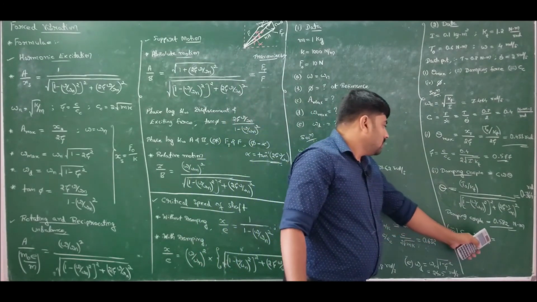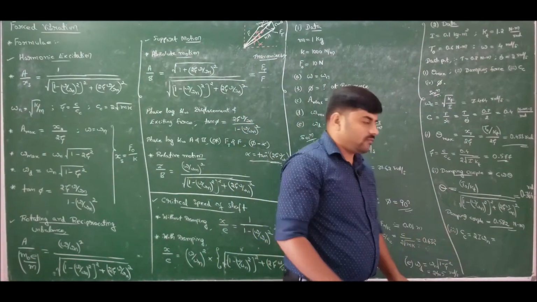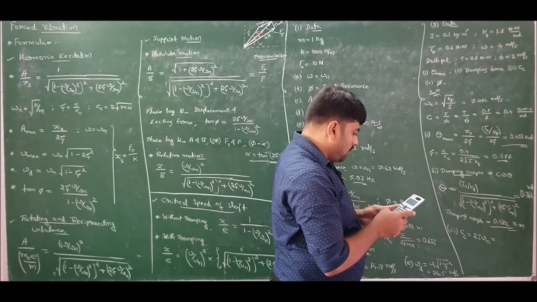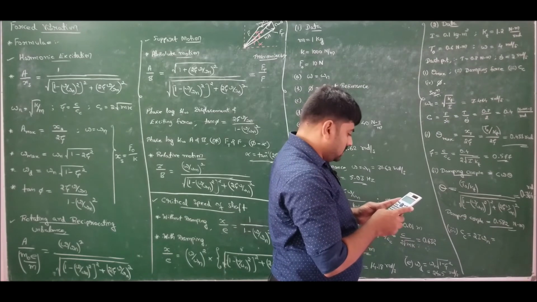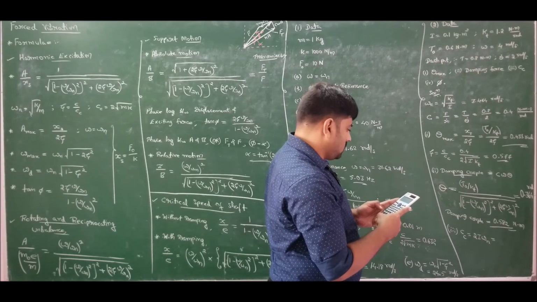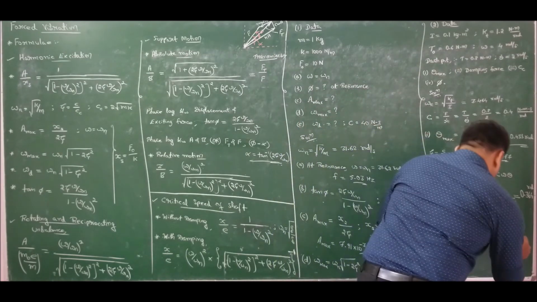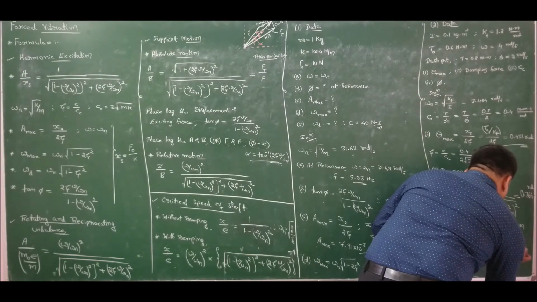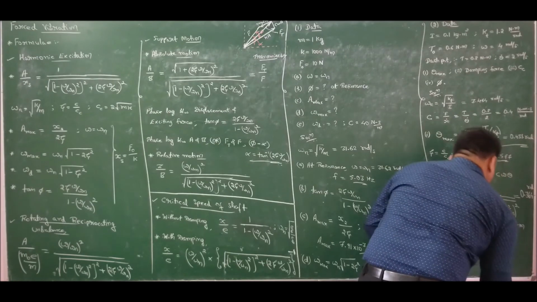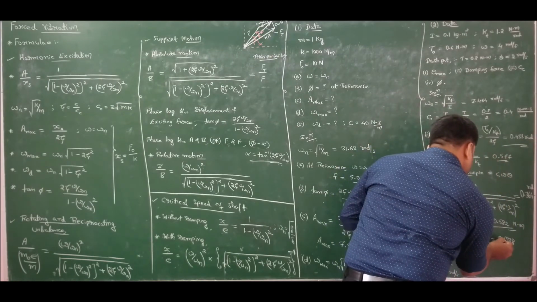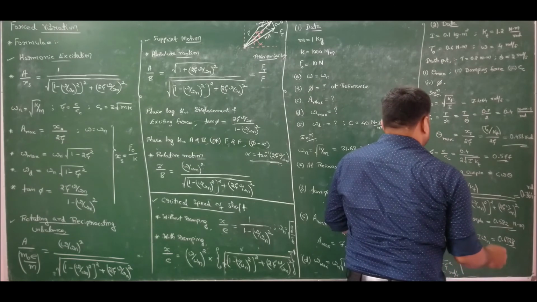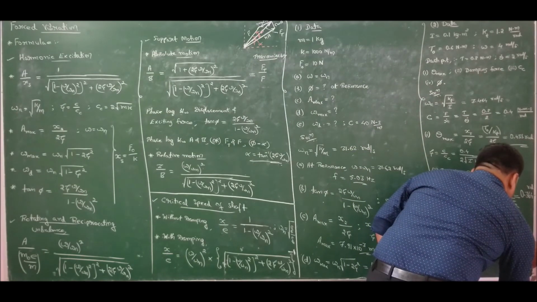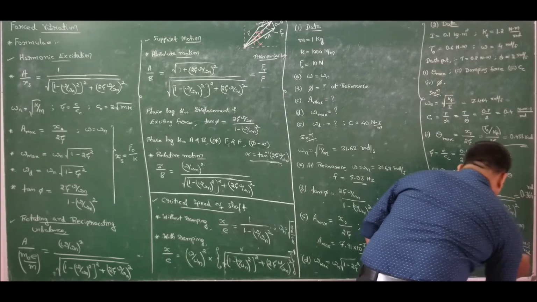Using 2I omega n for torsion systems: 2 into I, 0.1, into omega n, 3.464, gives 0.6928 as the CC. The unit of CC is the same as C, that is Newton meter second per radian.